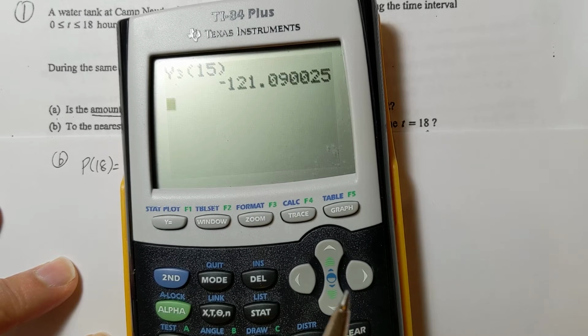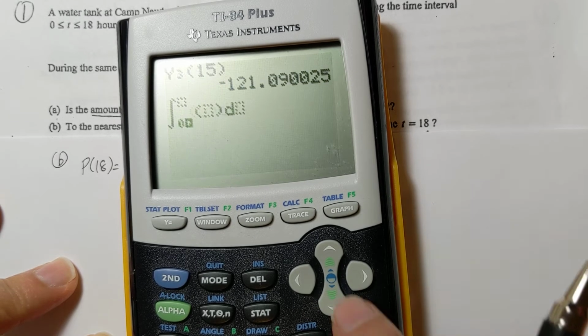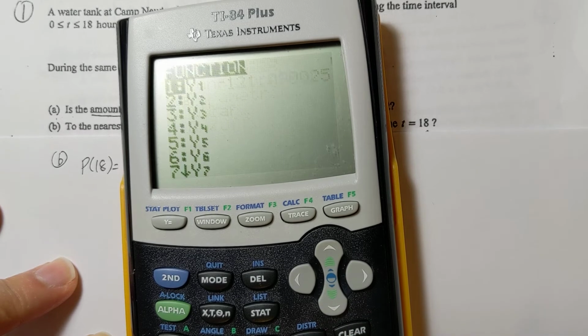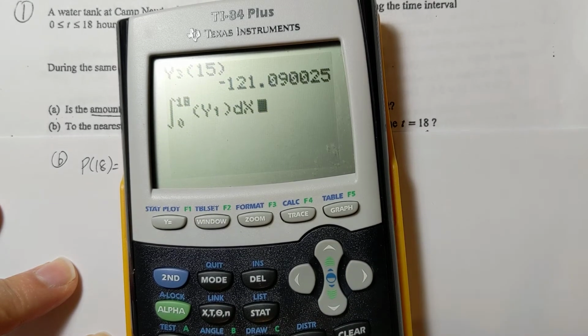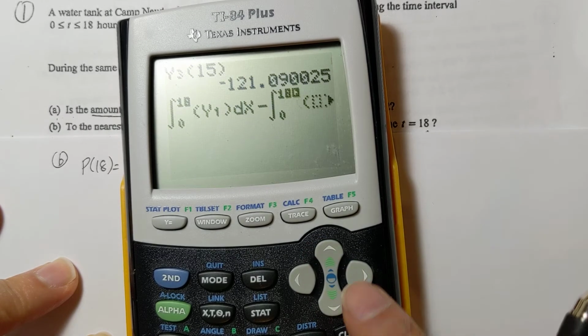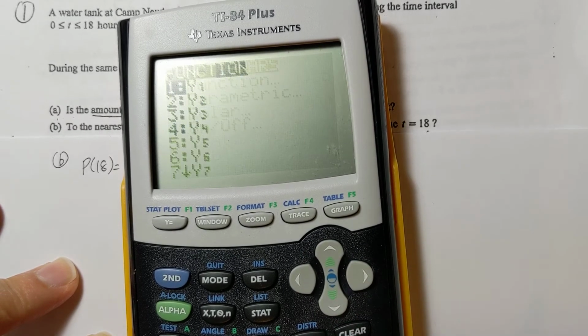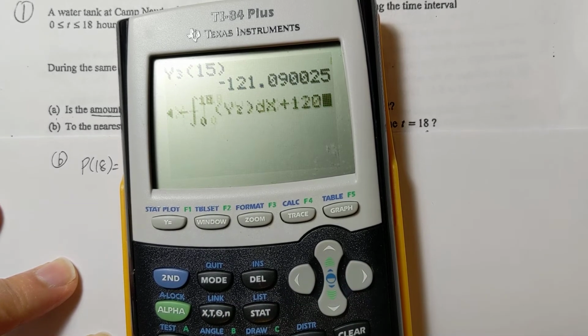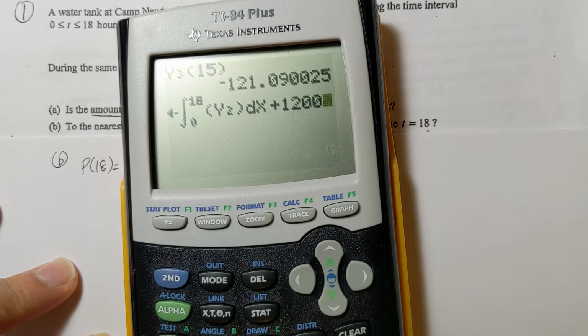We're going to type this into our calculator: math 9, 0 to 18, with y1 as our first function, subtract math 9, 0 to 18 of y2 dx, and plus 1,200. It has to be in radian mode.